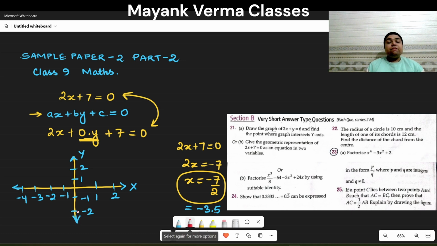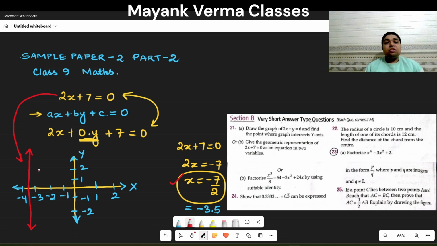The graph will be parallel to the y-axis because I can take whatever value of y, but the value of x is not changing because it is constant. So I will mark minus 3.5, and the graph will look like this. So this is the graph of this equation.